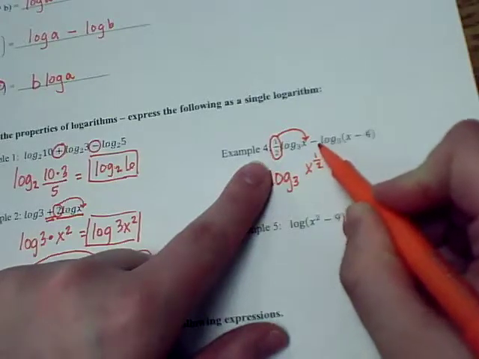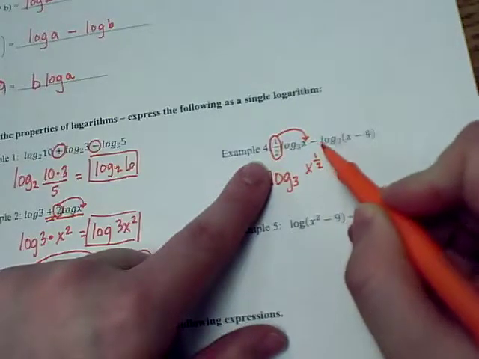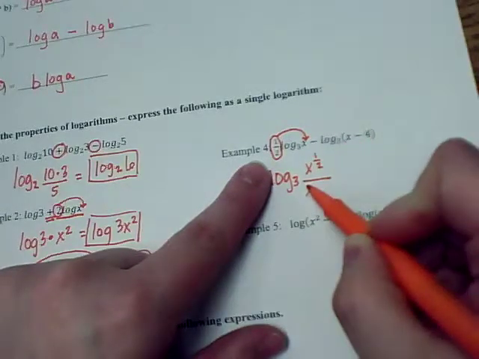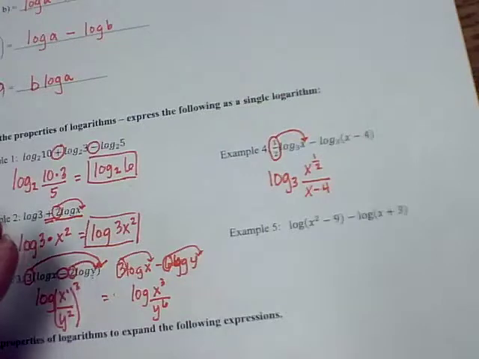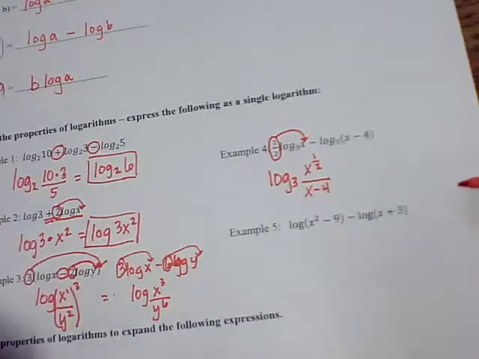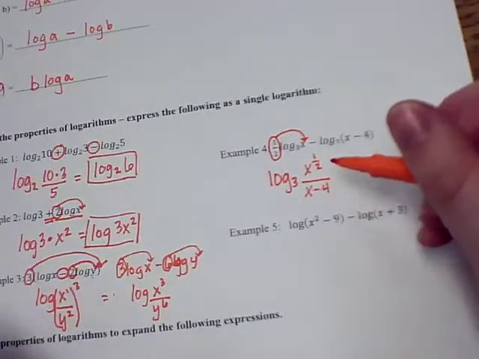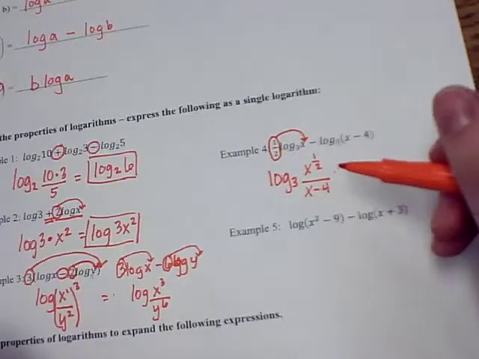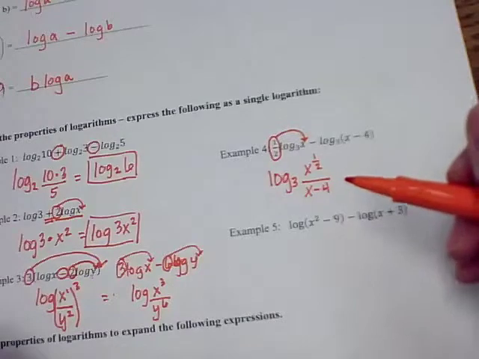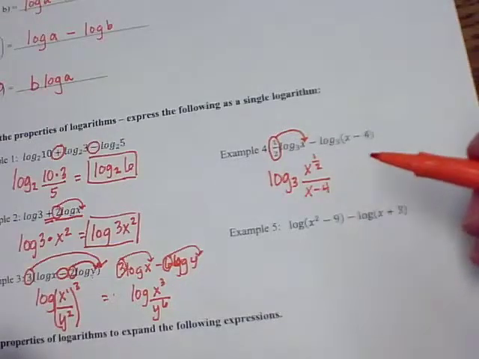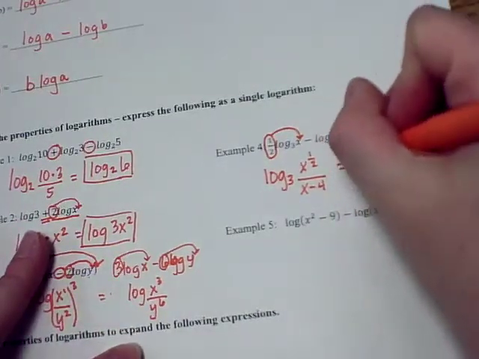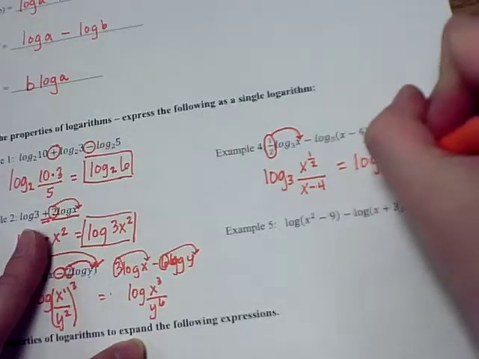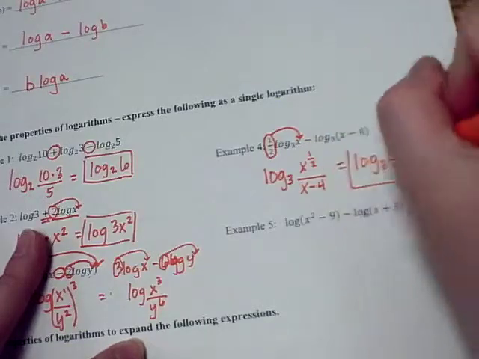The minus tells me I'm going to divide. And I'm going to divide by this entire thing here, so x minus 4. Now, you cannot leave it like this. The 1/2 power is the same as square root of x. So anytime you have a fraction exponent, you need to change it back to radical form. So I'm going to have log base 3 of the square root of x divided by x minus 4. And that is my final answer.